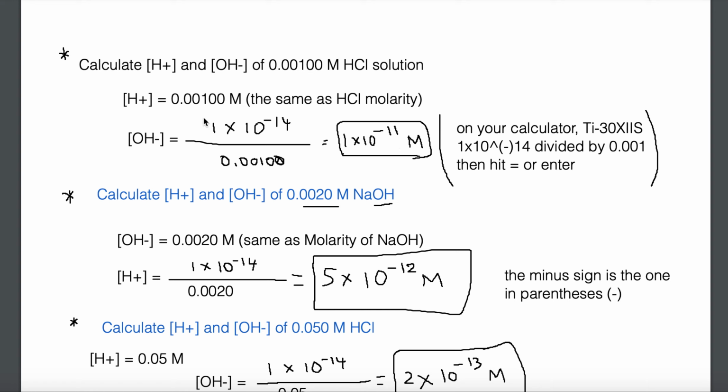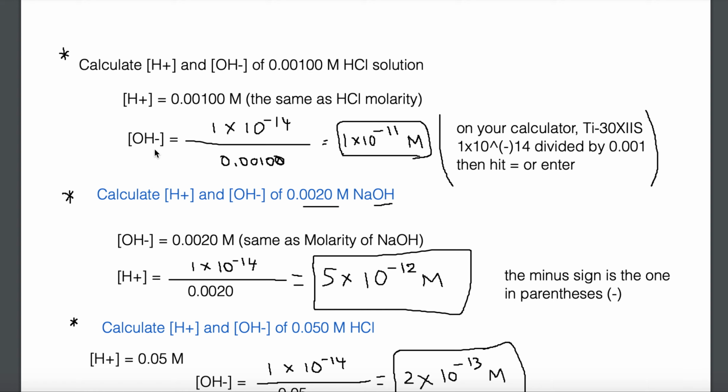In this case, we know H plus, which is the same as HCl because there's one hydrogen. So H plus is the same as the molarity of HCl.